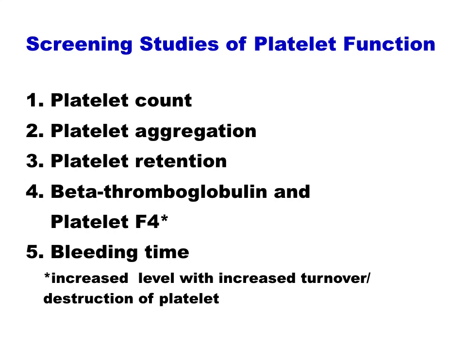Take note that these two are within intact platelets. If there is an increase in turnover or destruction of platelets, they will be released. So you will see an elevated amount of these two things.